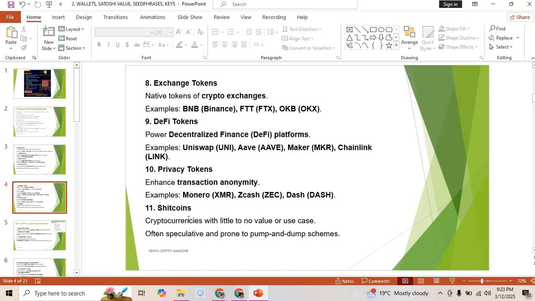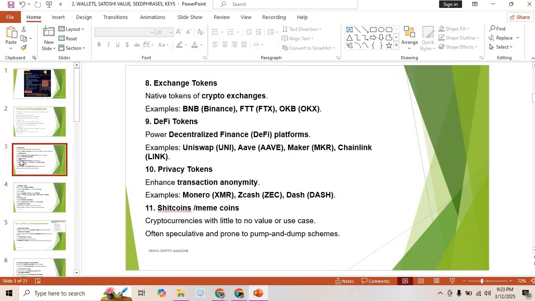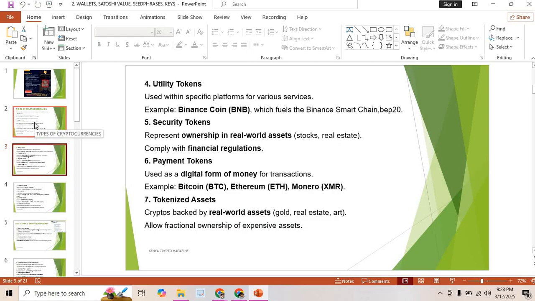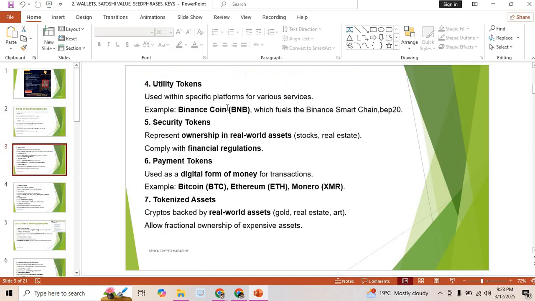Shitcoins are cryptocurrencies that people rather call meme coins. Why do we call them shitcoins? Because they do not have any use case. Remember, we said every coin that has been created has a technology behind it, and we have discussed that Bitcoin is decentralized finance, Ethereum is decentralized applications, stablecoins are pegged to the dollar, and utility coins.